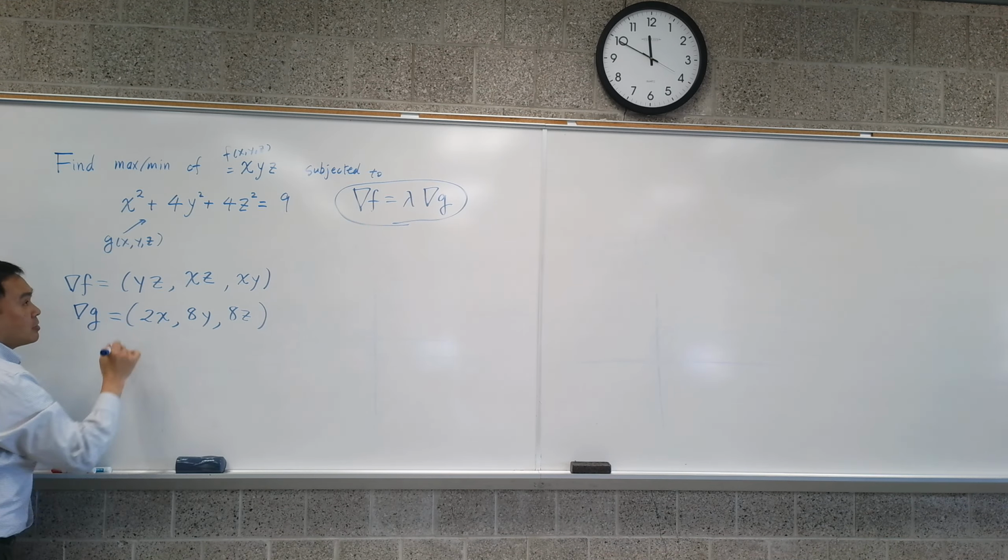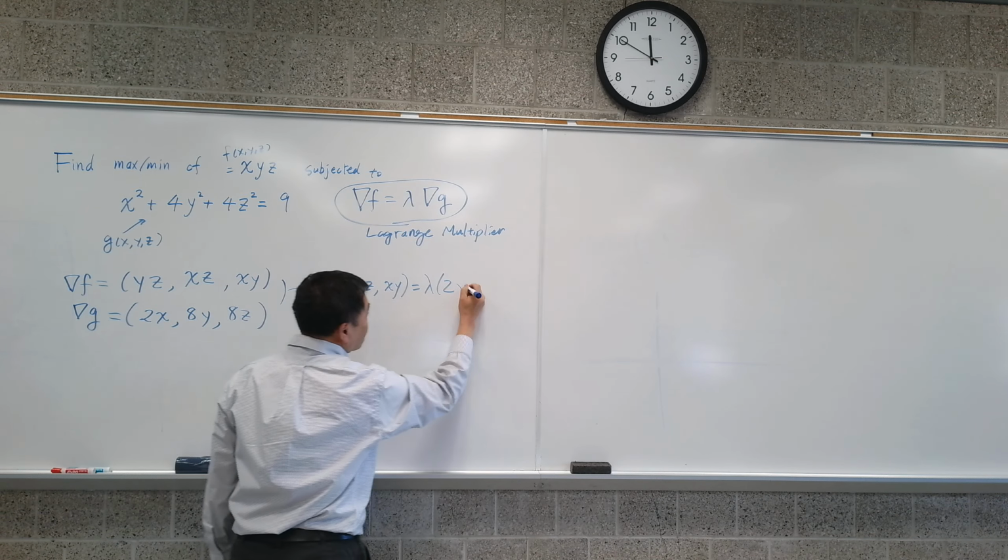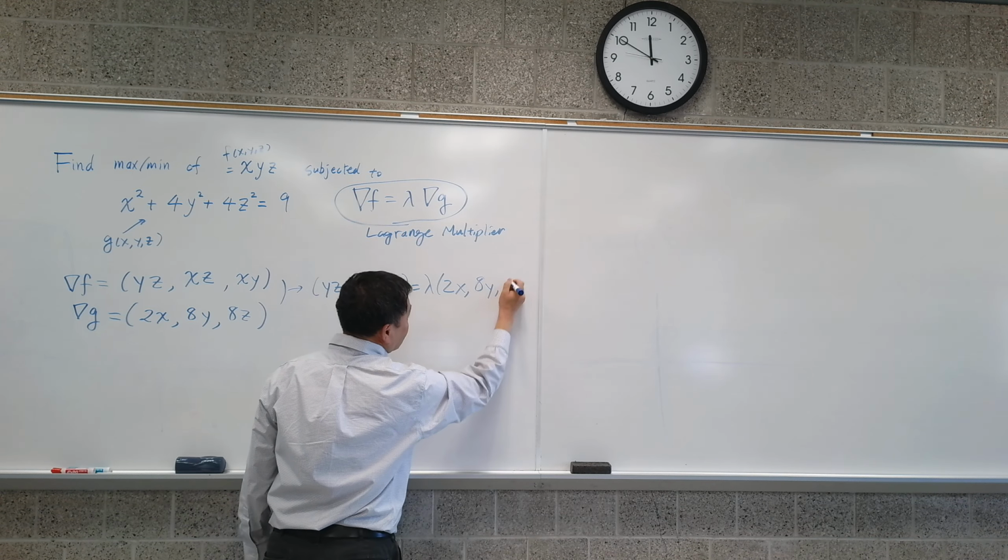Therefore, the equation that you end up getting by the Lagrange multiplier is (yz, xz, xy) equals lambda times (2x, 8y, 8z).